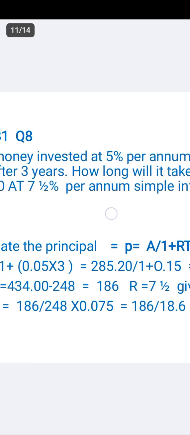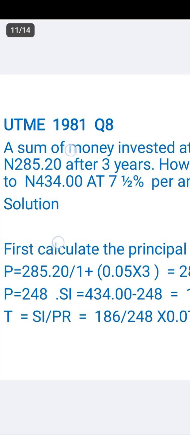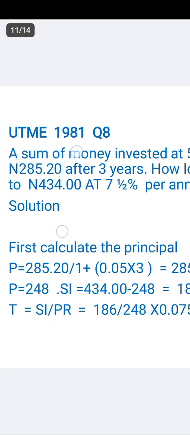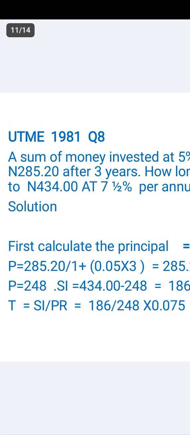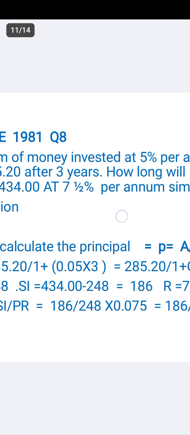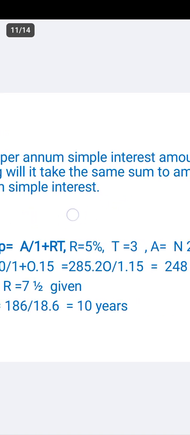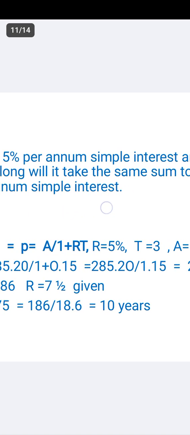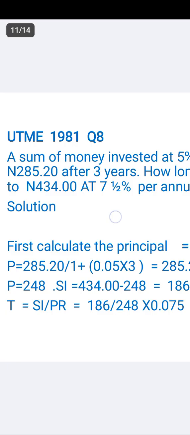Now it is after finding the 248 that you go and find out the time that this 248 will take to get to what? 434. Because the question says a sum of money invested at 5% per annum simple interest amounts to 285.20 after 3 years.